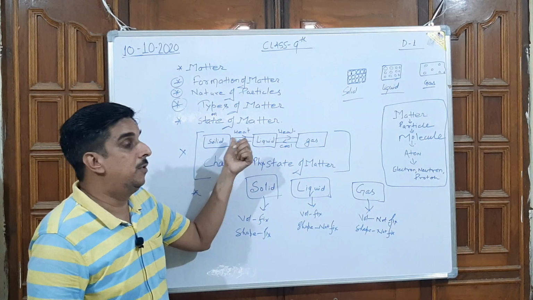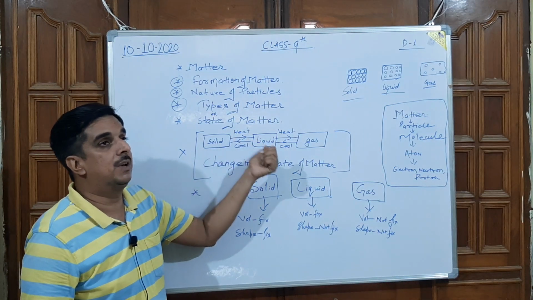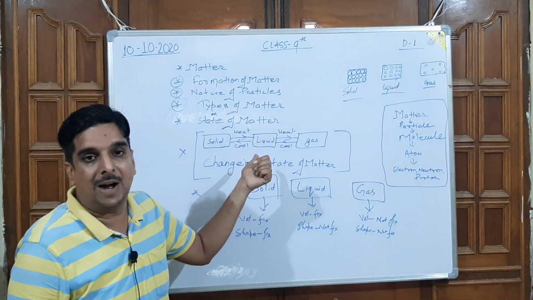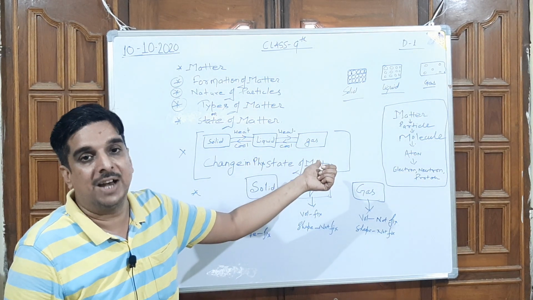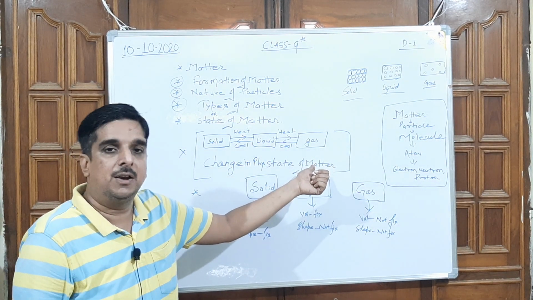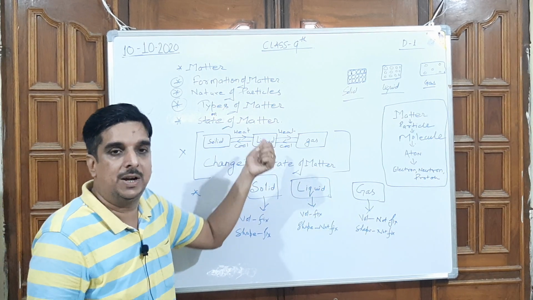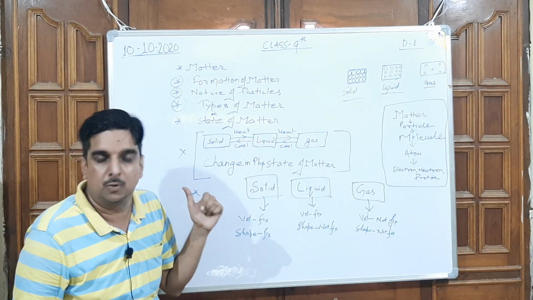So if we provide heat, solid will convert into liquid, and if we provide heat to liquid, it will convert into gas, and if we provide cool temperature, then gas will convert into liquid, and again the liquid will convert into ice.